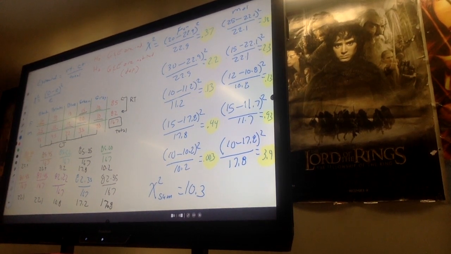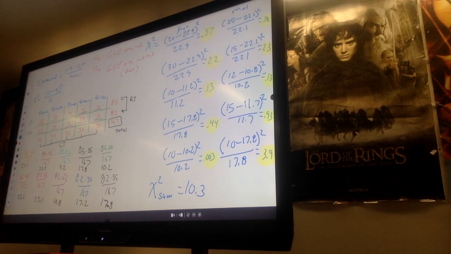Next we need the degrees of freedom to find the chi-squared statistic. The degrees of freedom is going to be the number of rows minus 1 times the number of columns minus 1. 1, 2, 3, 4, 5 columns, and 2 rows.